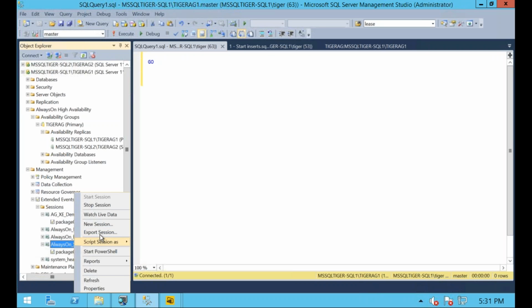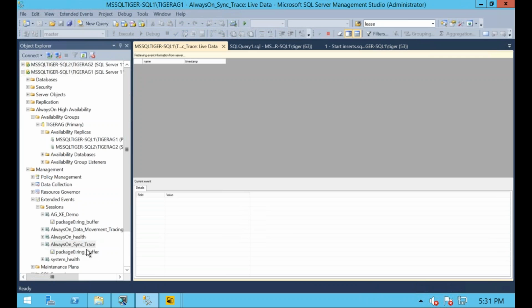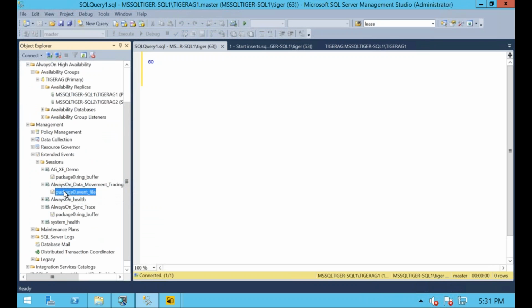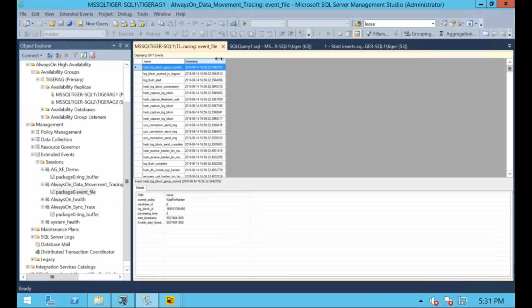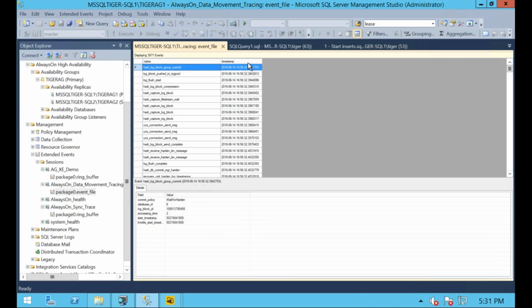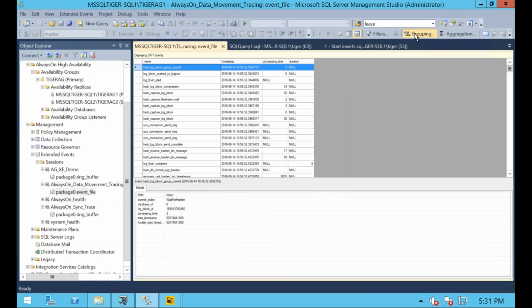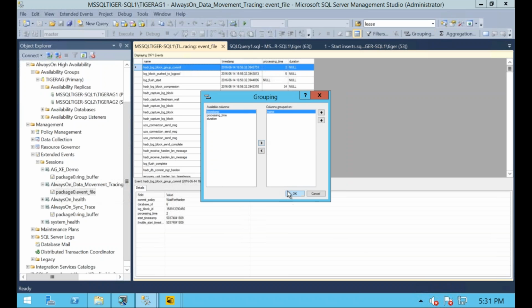Now, I'm going to go ahead and show you what the actual extended event data looks like. So these are all the commits. What I can do is group all of these events by adding additional columns. I can choose columns, say processing time, choose duration, and then group the events by name.